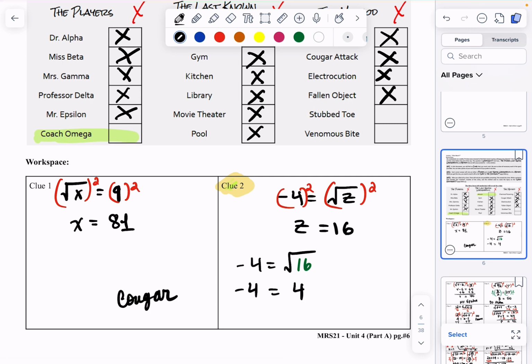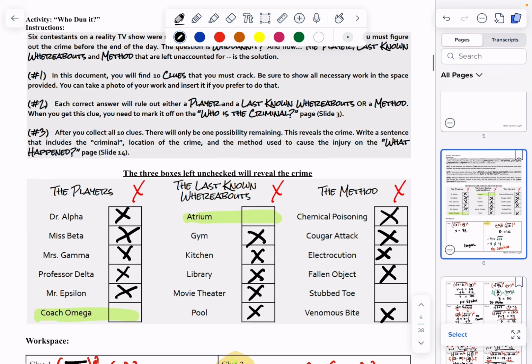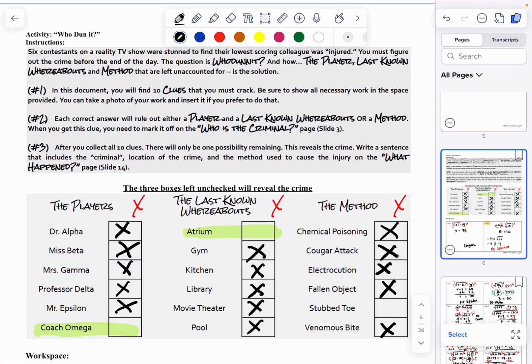So this is not an equal situation. So that means there is no solution. So we can cancel out the venomous bite. That was one of the things. So that means we have solved our mystery for the whodunit. It was with the step toe.